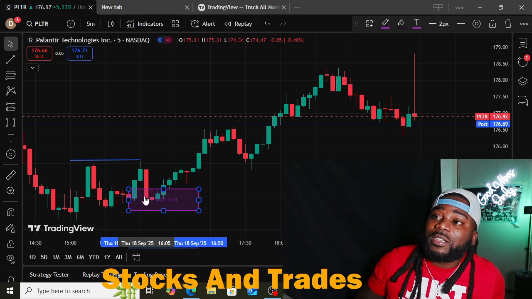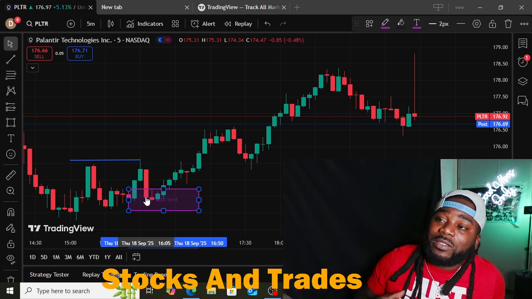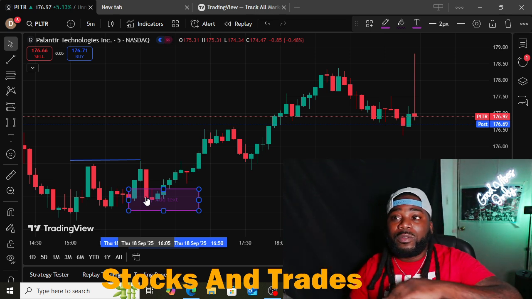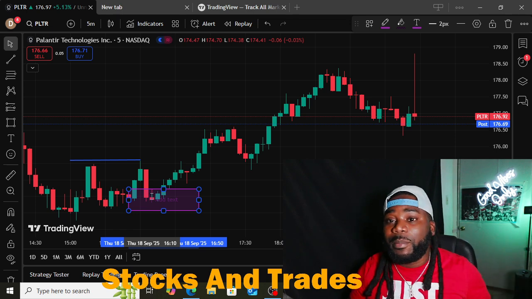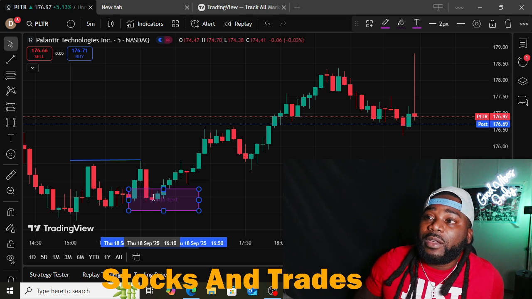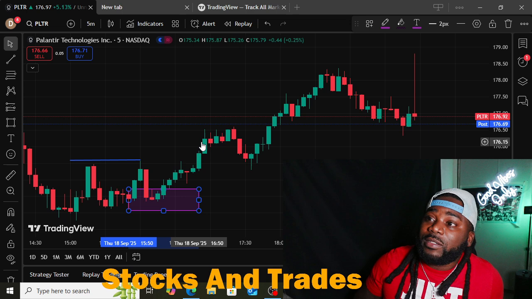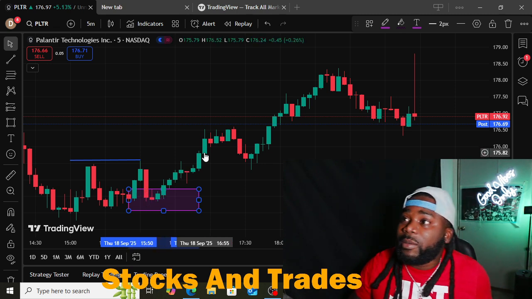When that next red candle comes down and touches your zone, it's time to buy, it's time to enter the trade. As soon as this candle right here comes down and taps in, it's time to go up, it's time to buy.